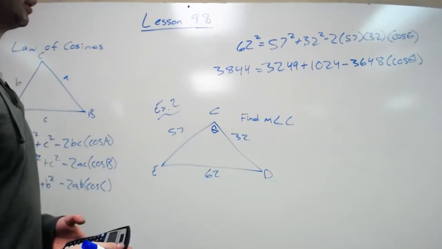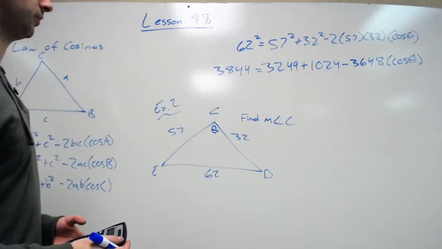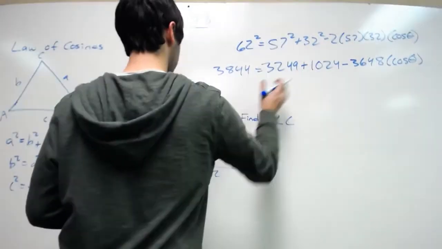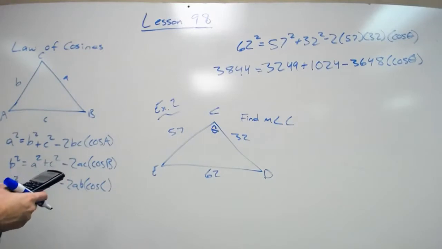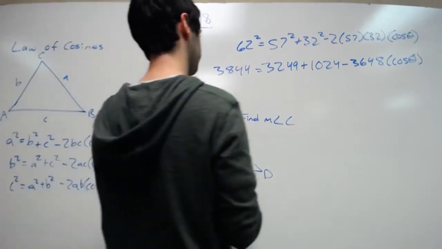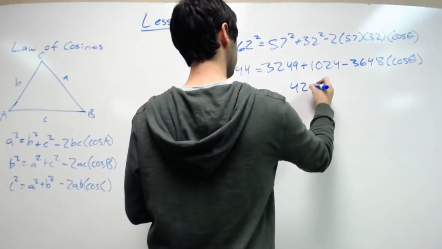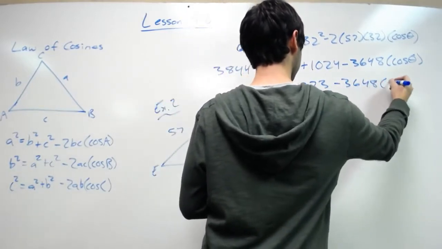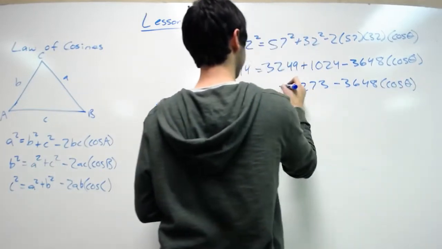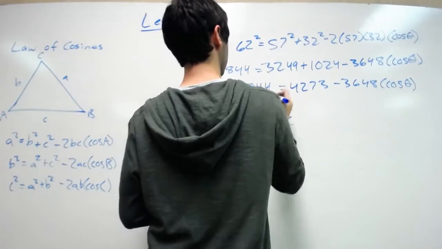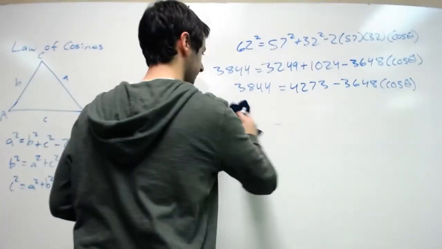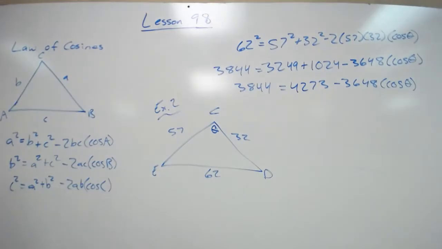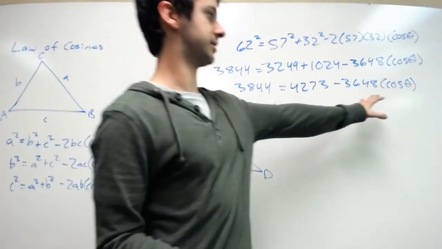So now from here, I'm going to add these two together so I can make it look a little simpler: 3249 plus 1024 is 4273, minus 3648 cosine theta. So now we're down to this point. What I want to do is isolate cosine theta.